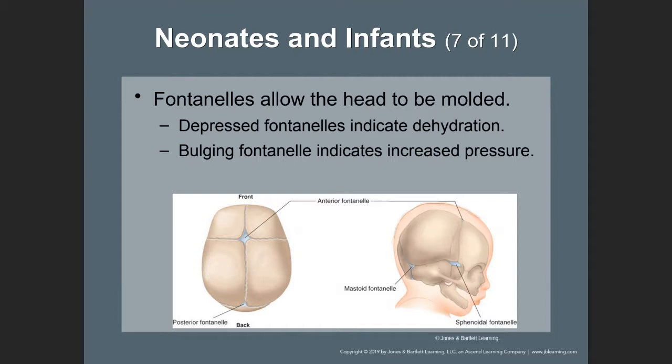If the fontanelle is bulging out, that's a sign of overhydration. If it's sunken or pulling in, that's a sign of dehydration. Depressed fontanelles indicate dehydration. Bulging fontanelles indicate increased pressure or overhydration.